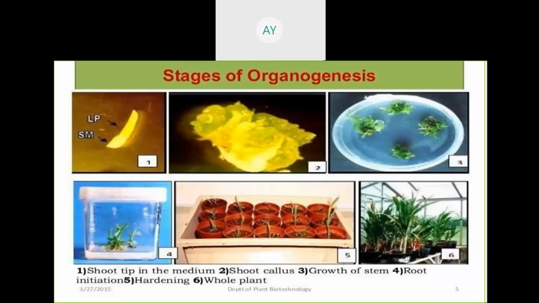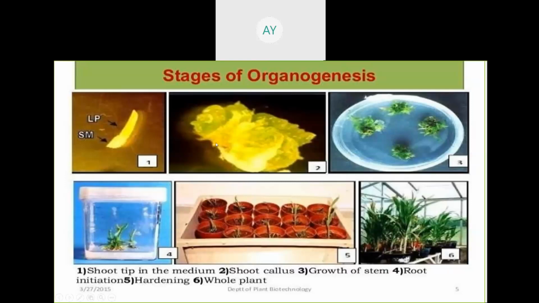Next, you see the stages of organogenesis. Just see in the first diagram: shoot tip in the media, then shoot callus you will find, and then growth of a stem you will find. So we are going to develop the stem portion, and then root formation we develop, by changing the media to contain a high concentration of auxin in case of development of root.